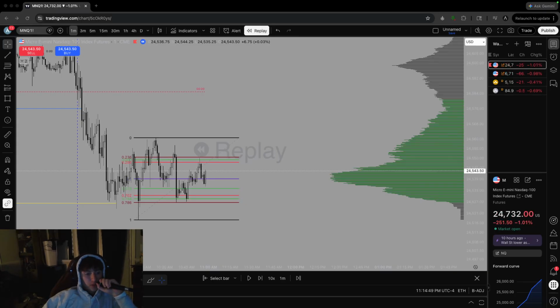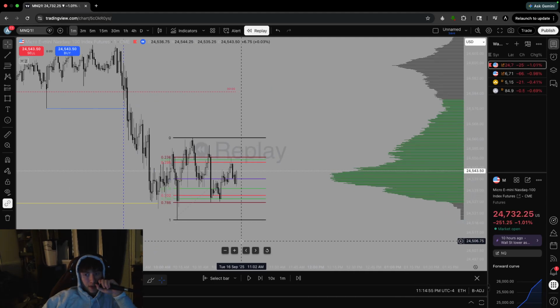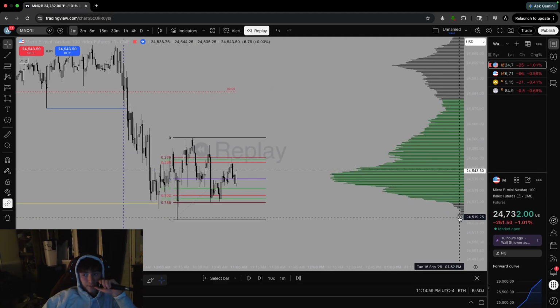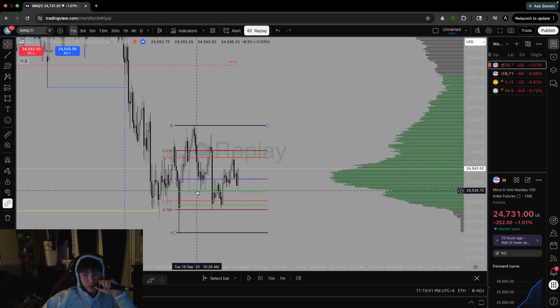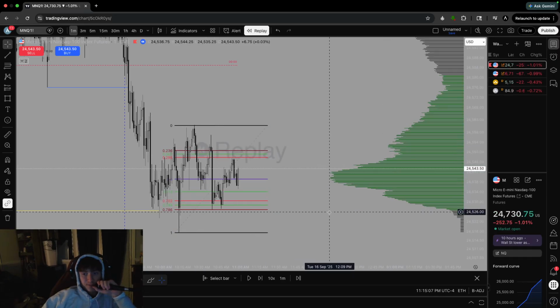All right, so we got a second push back up, okay, after this inversion. But I think we need to be careful because usually once it pushes down and comes back up, that's my sign that that was a trade and we just missed it.